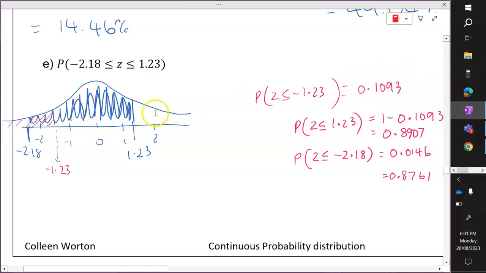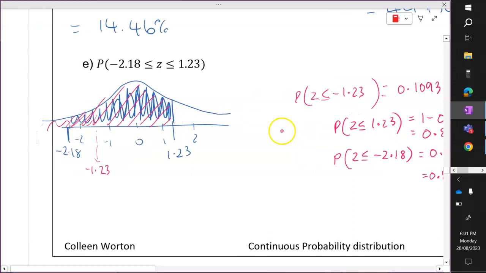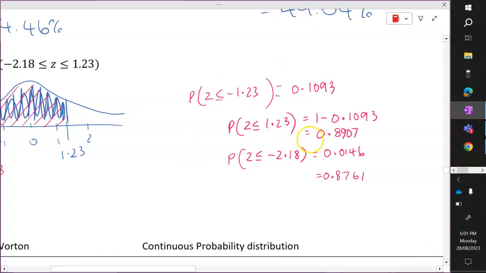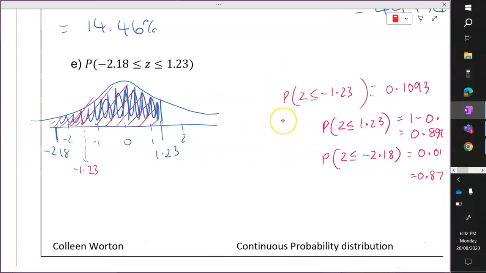So then if I go 1 minus that part up here, which I've worked out from the other side, I'm going to get everything that now is down in there. Okay. So 1 minus the 0.1093 gives me 0.8907. And that's now my new pink section all the way down here.